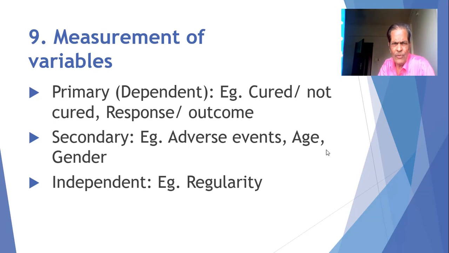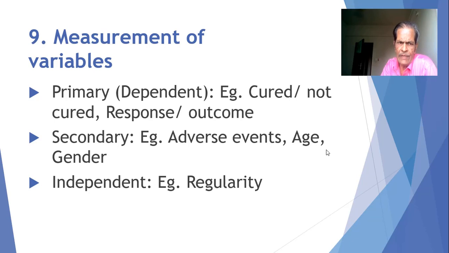The record should also contain the measurements of the variables. These include the primary and secondary variables. Primary variables are those which are mentioned in the research question. So the primary variables may be whether the person is cured or not, what was the response to the drug, what was the outcome in that particular case. Adverse events may also be included in the research question.